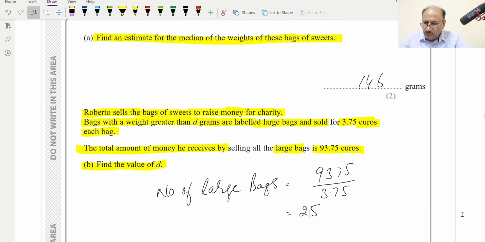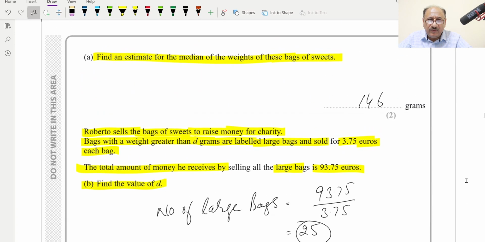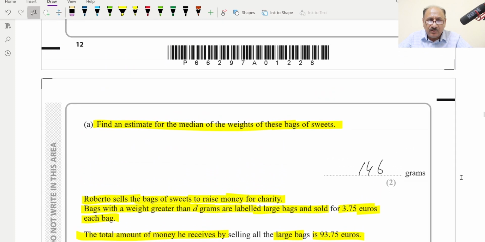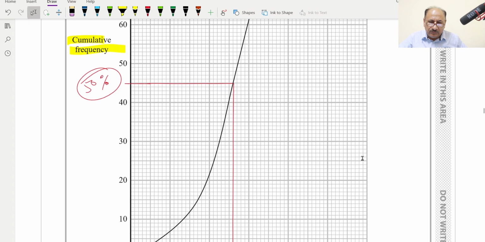Now 25 bags were large. For 25 we will be checking from the curve, from the graph provided. We can check the reference for 25.